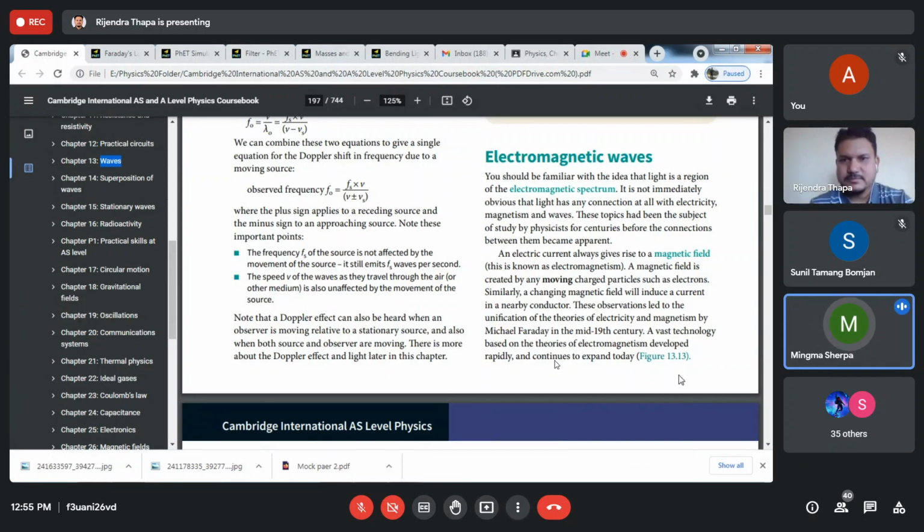A magnetic field is created by any moving charged particles such as electrons. Similarly, a changing magnetic field will induce a current in a nearby conductor. These observations led to the unification of the theories of electricity and magnetism by Michael Faraday in mid-19th century. A vast technology based on the theories of electromagnetism developed rapidly and continues to expand today.